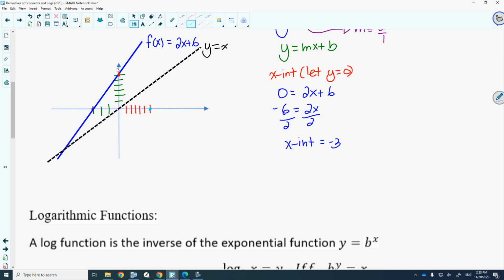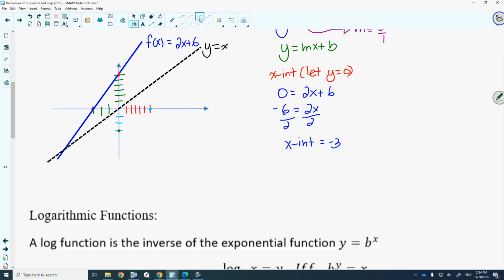So this point is reflected in the line y is equal to x, and it would be here. This point here, which is negative 3, 0, would be 0, negative 3. So this point reflected in this line would be 0, negative 3. So that point would go down here.